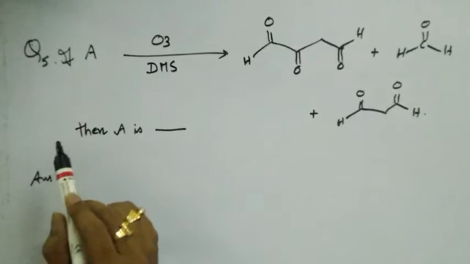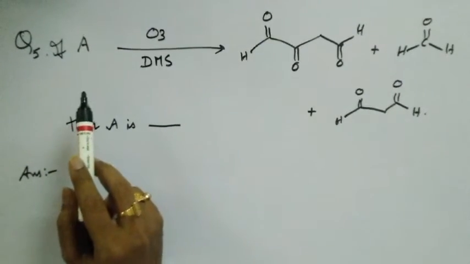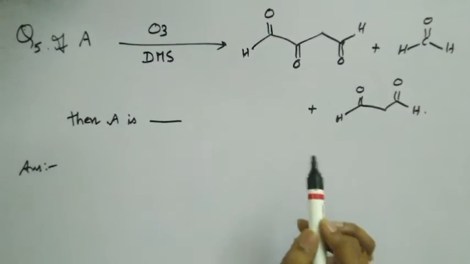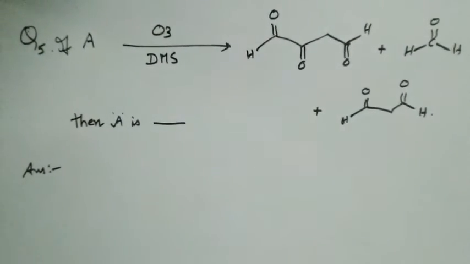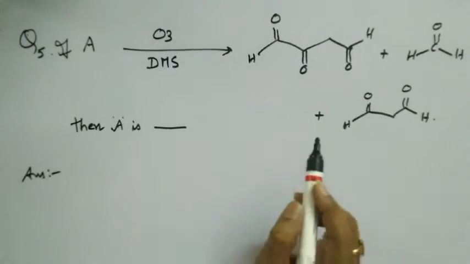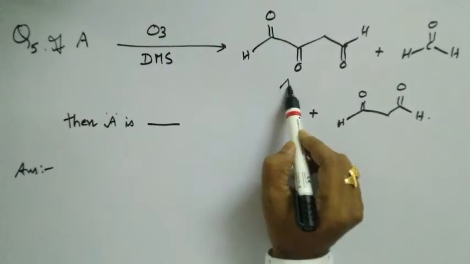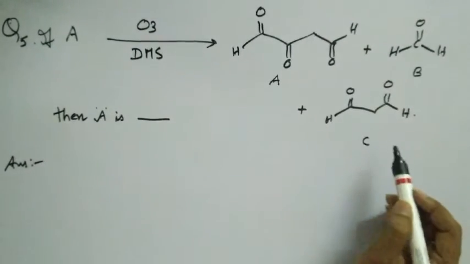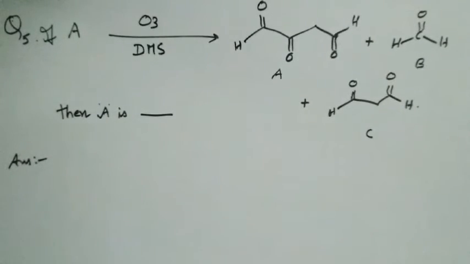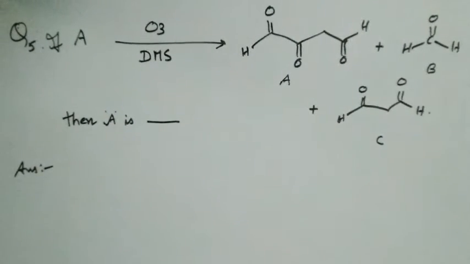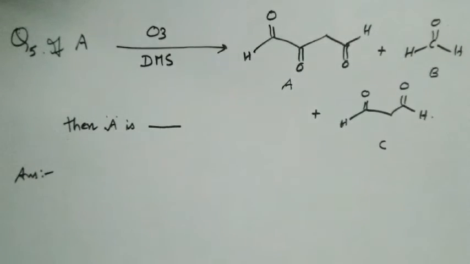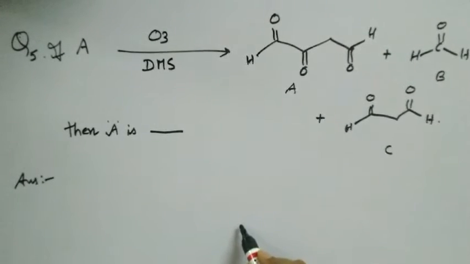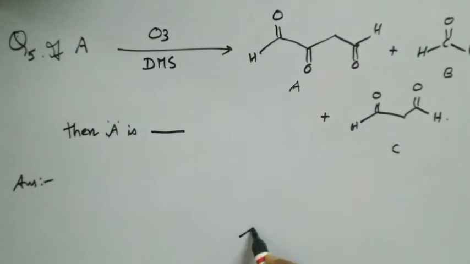Now in question number 5, he has taken an organic compound A which on reductive ozonolysis formed these compounds. Now he is asking to identify the A. Now how do you proceed? For simplicity, I am taking these 3 organic compounds which are obtained as products as 3 fragments, namely A, B, C. So to predict the alkene or the precursor after ozonolysis, always write down the products obtained after ozonolysis in a certain fashion such that the O's are projected outward, as I am showing it here.